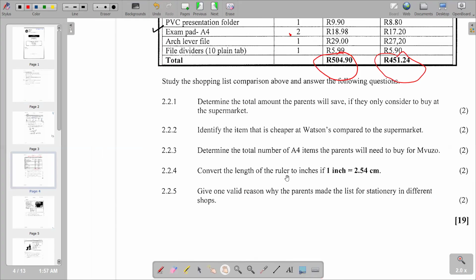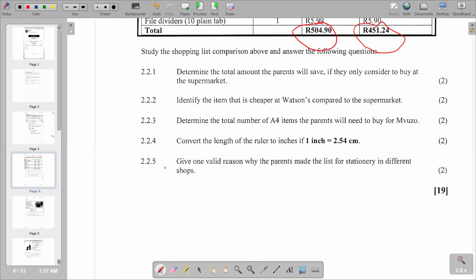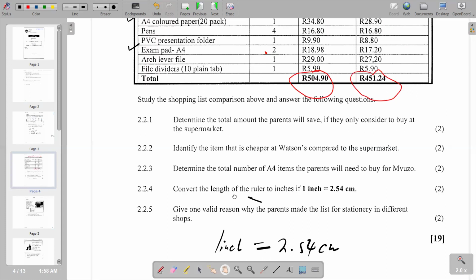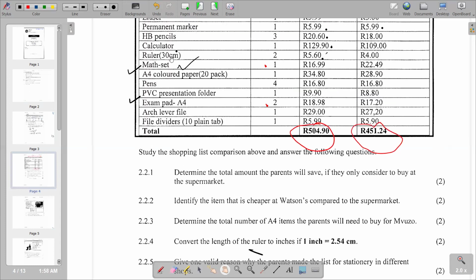Convert the length of the ruler to inches if 1 inch is equal to 2.54 centimeters. So basically, this is just a simple proportion that we are using, where we're saying 1 inch is equal to 2.54 centimeters. And then we want to see the length of the ruler. With the information given, we see that the ruler we are given is a 30 centimeter ruler.